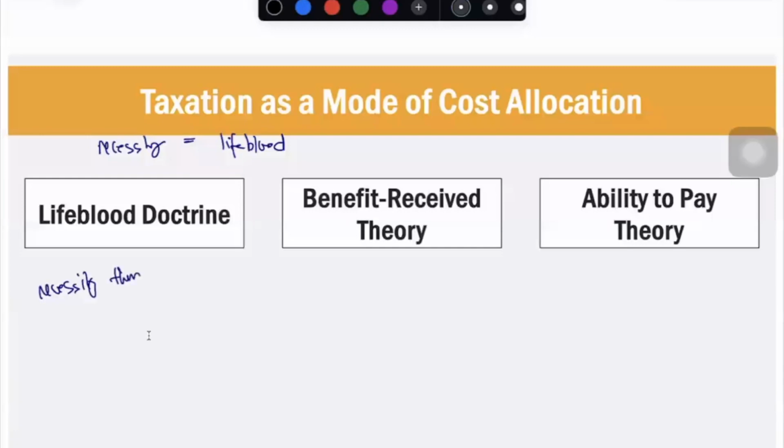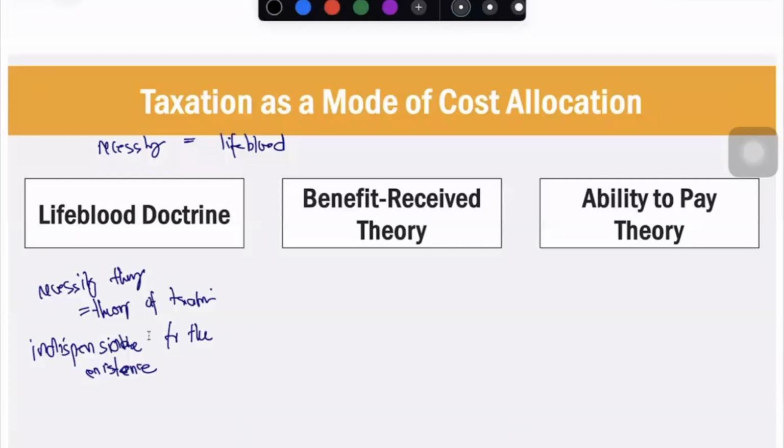Necessity theory is known also as the theory of taxation. Because taxes are indispensable to the existence of the government or the state. And taxes are what we pay for a civilized society.